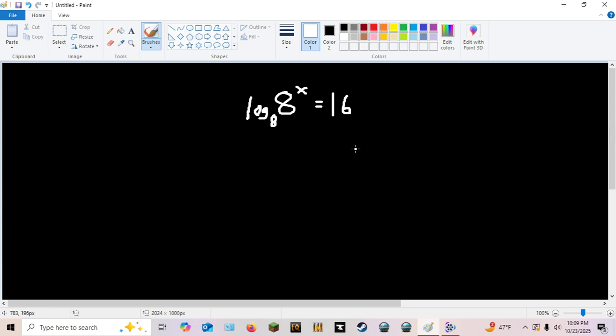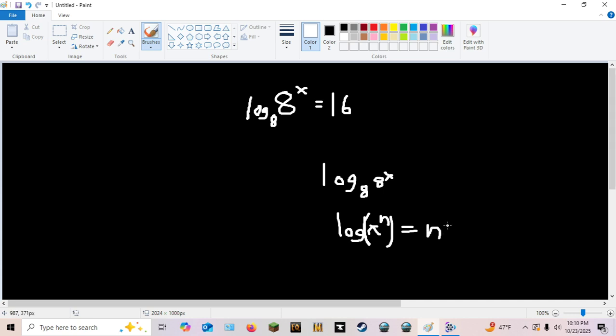Okay, so there's a property of logarithms. Let's evaluate log base 8 of 8 raised to the x. You've got to be aware of the property: if it's an exponent, then you've got to move it to the front, not as an exponent, but multiplying it by the logarithm.